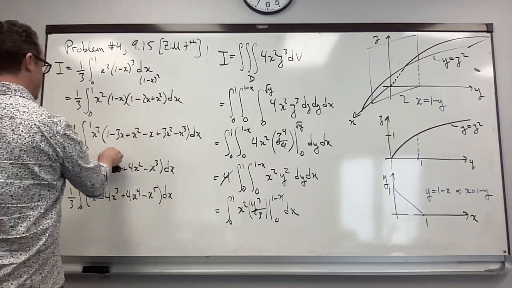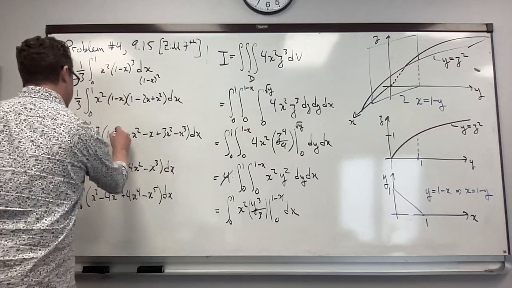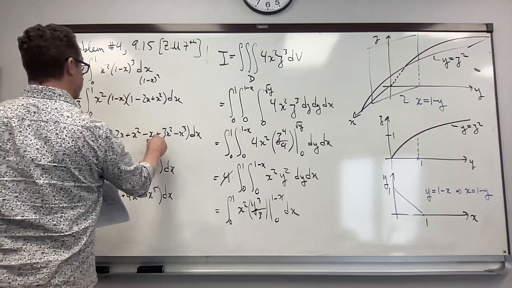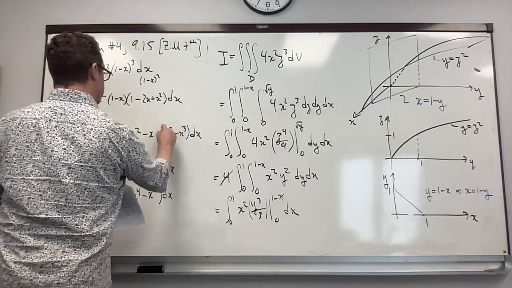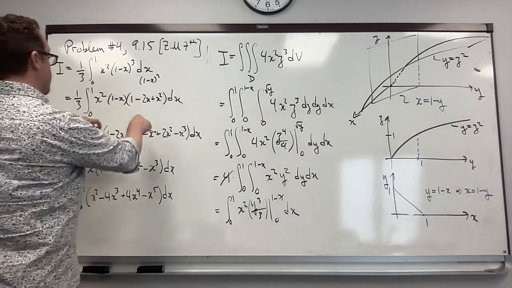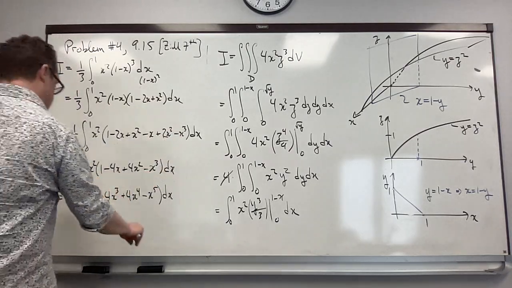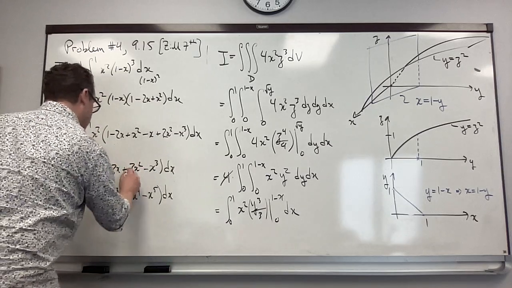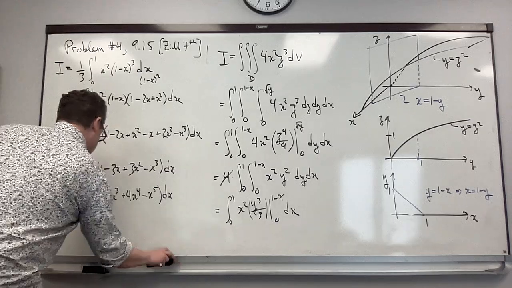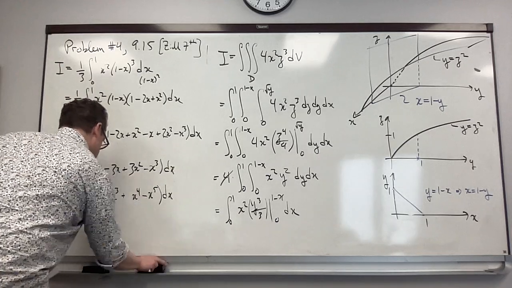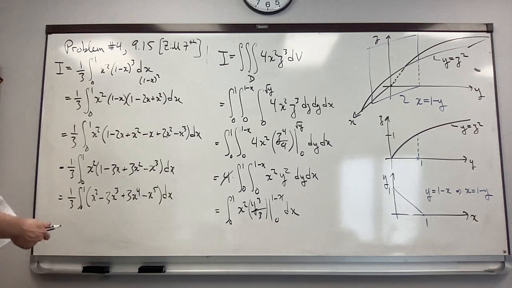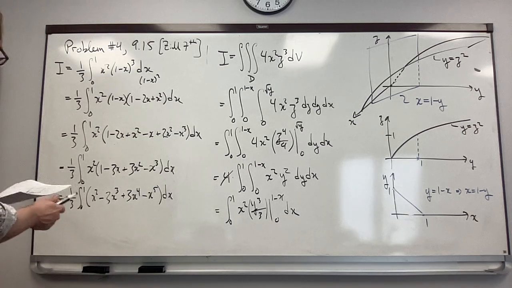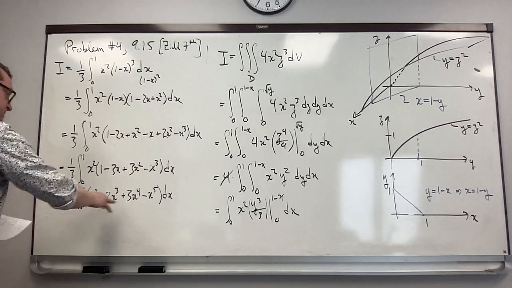Then I should have gotten 1 minus 2x minus x squared minus x minus 2x plus 2x squared minus x cubed. So this becomes 3, this becomes 3, and then this becomes 3, this becomes 3. Okay, that's better. Let's just do the next step here.